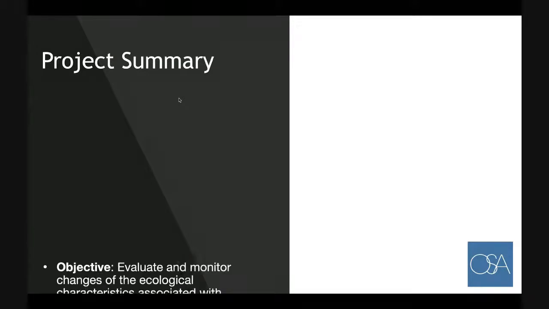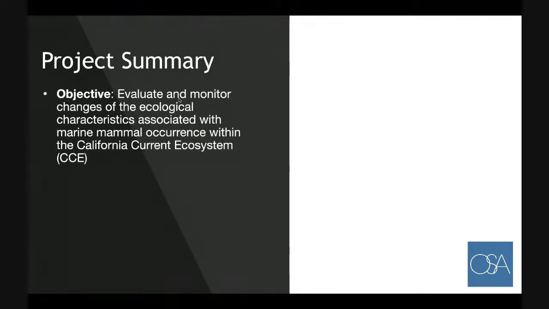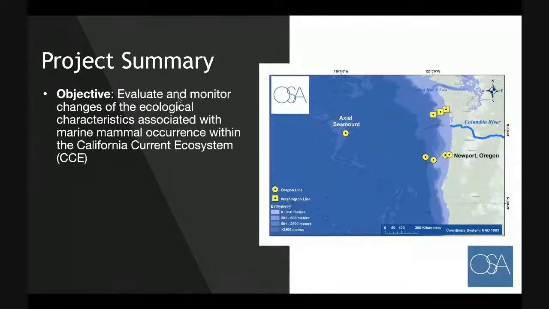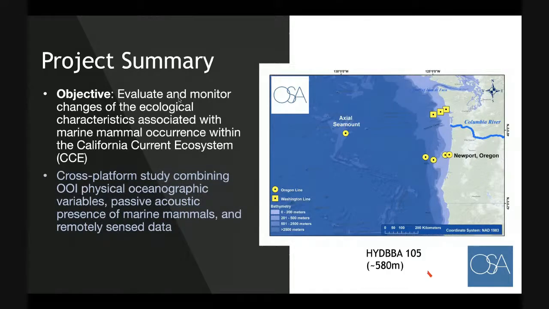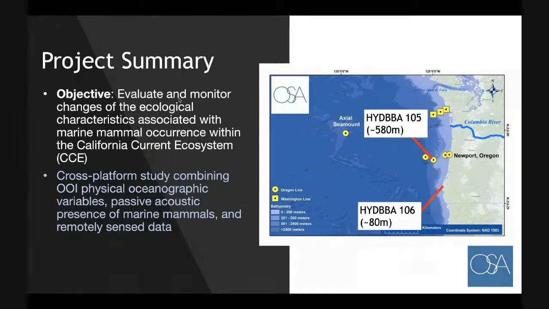Her project is basically evaluating and monitoring the changes of the ecological characteristics associated with marine mammal occurrence within the California Current ecosystem. She's interested in the area that is covered by the Regional Cabled Array, including the hydrophones off the Newport, Oregon coast at 580 meters and 80 meters.